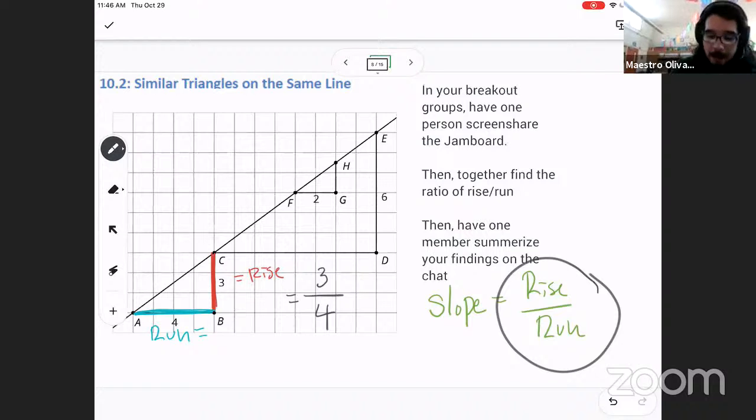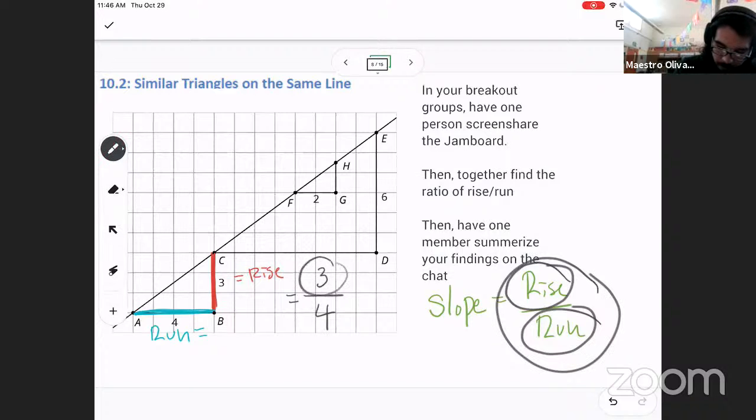So, igual como dijo Brian, la fracción es lo que sube y lo que corre, right? The rise over the run. So it's going to be 3/4. Okay, give me a second.